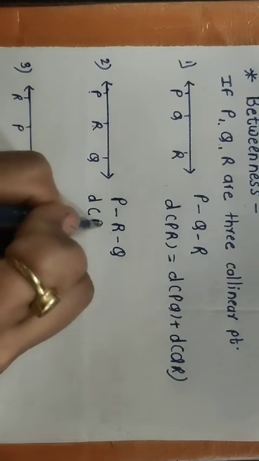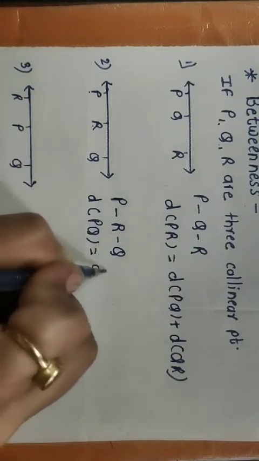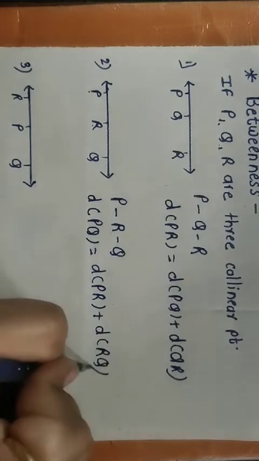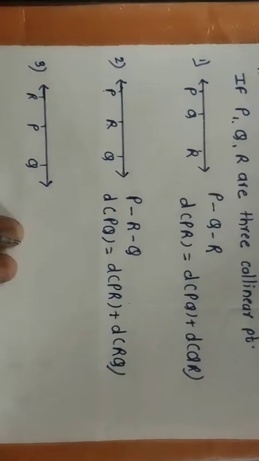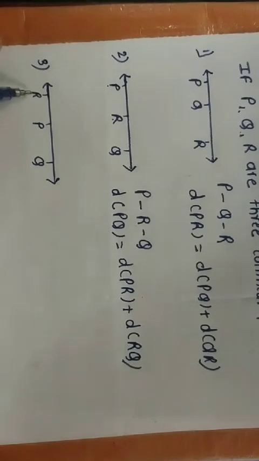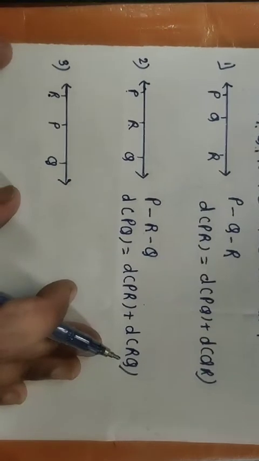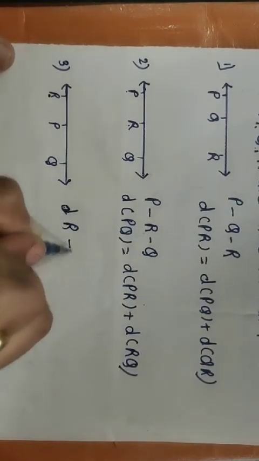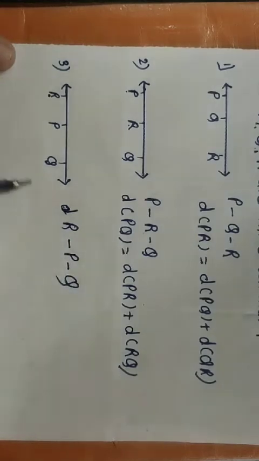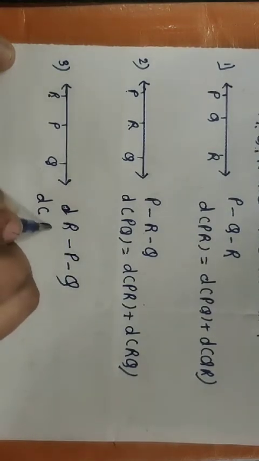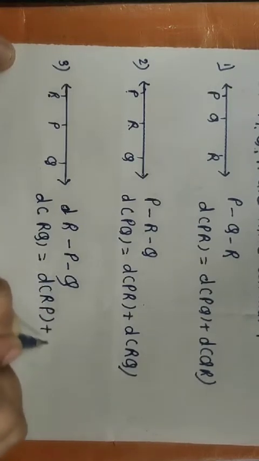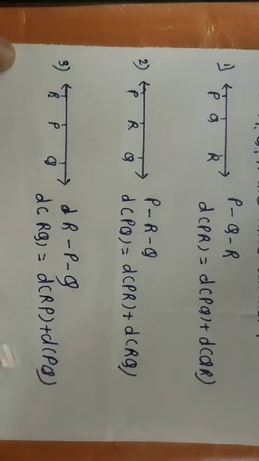Then distance PQ is equal to distance PR plus distance RQ. Last one is P is between point R and point Q. So we write it R-P-Q, and distance RQ is equal to distance RP plus distance PQ.